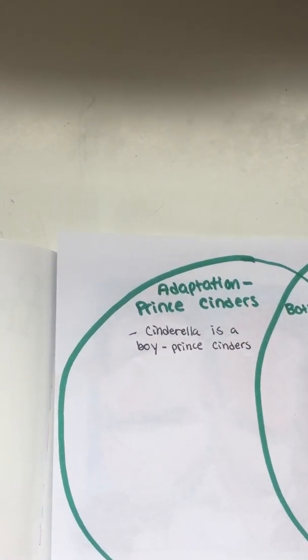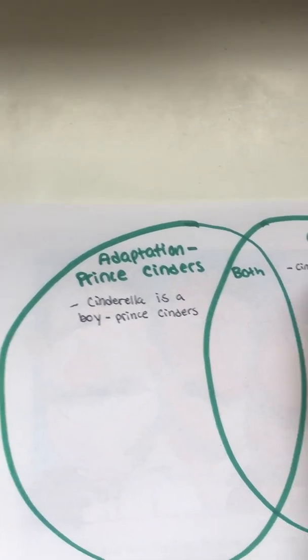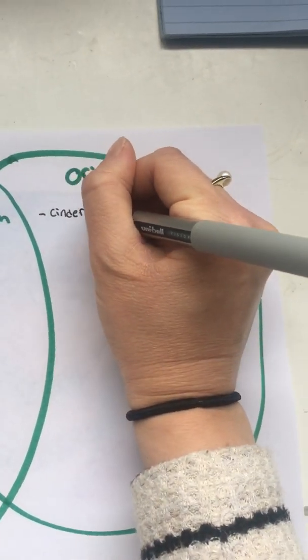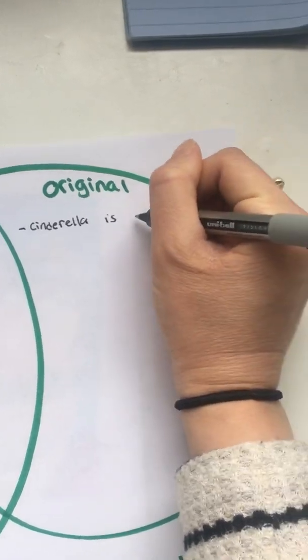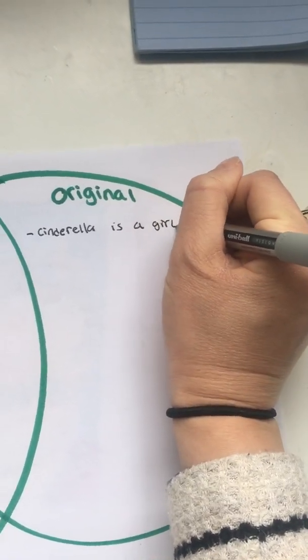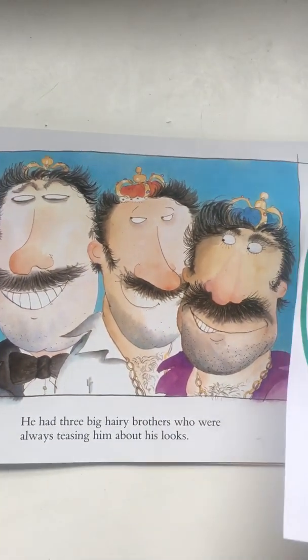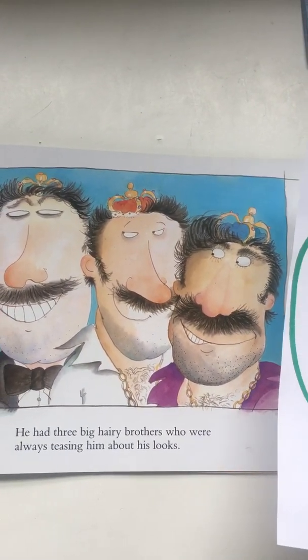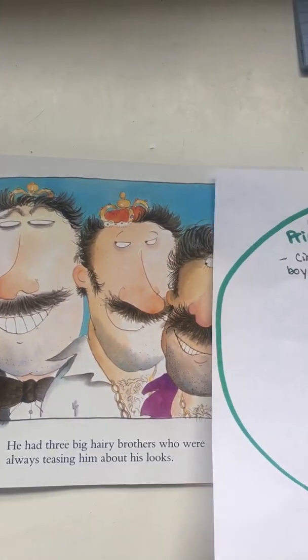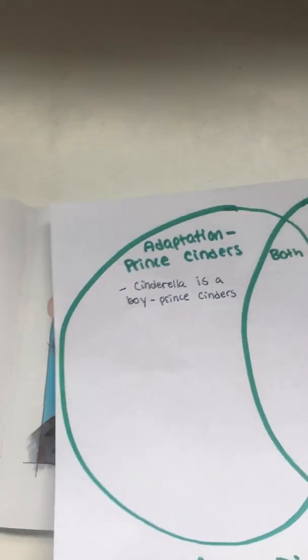In the original, Cinderella is a girl. Okay, that's one difference. I also noticed that in this version, Prince Cinders has 3 big hairy brothers instead of 3 ugly stepsisters. I'm going to jot that down.